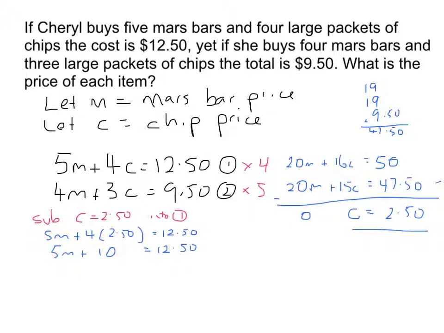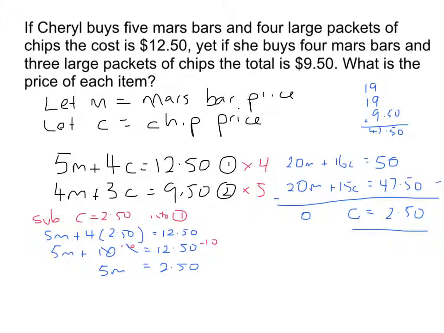Now we have 5M plus 10, and we want to take 10 from both sides. That leaves us with just 5M on the left hand side, because 10 take away 10 cancels down, and 12.50 take away 10 is $2.50.